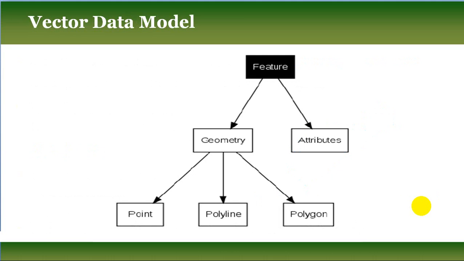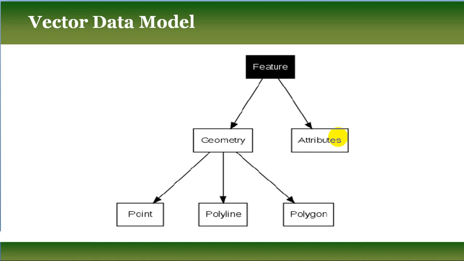So in brief, vector data consists of features or geometry. They have geometrical information either as a point, line, polygon, and they also have attribute information. But vector data not only represents discrete buildings, river, pond, tree.